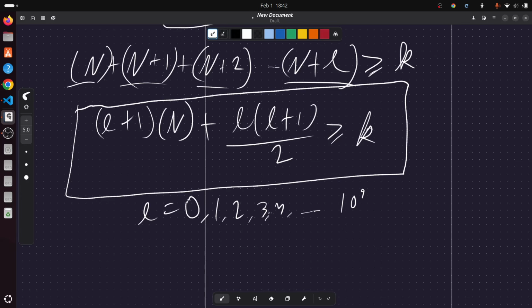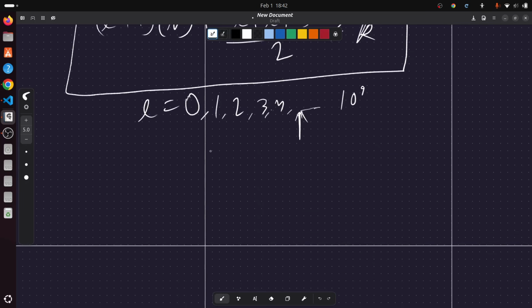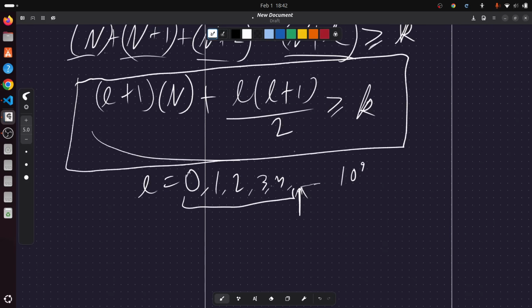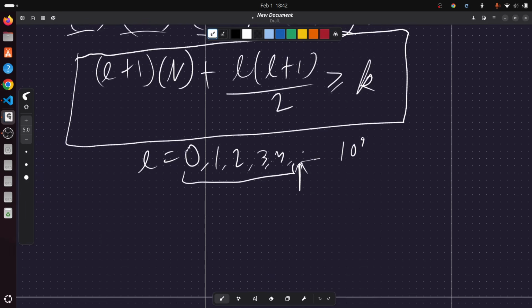At some point you will cross the number k for the first time. For these numbers, the value is less than k, but for this number, for the first time, the value becomes greater than or equal to k, and we want to find this value only, right?